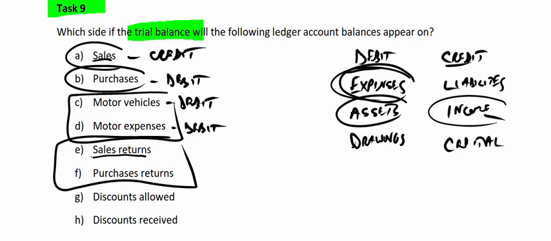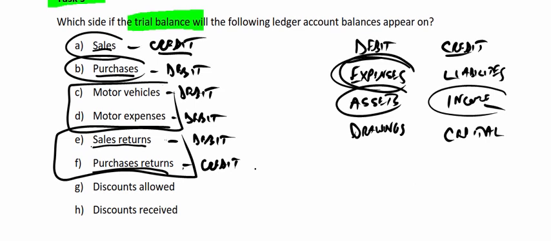So if the sales was a credit, sales returns will be the opposite. They'll be a debit. They'll actually reduce your income. And similarly, purchase returns, this is where I've made a purchase but I send it back to the supplier. And if purchases are a debit, purchase returns as the opposite will have to be a credit, won't they? So just think of returns as being the opposite of the thing that they relate to.